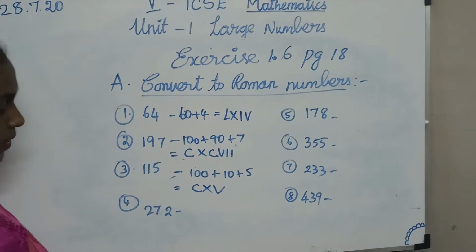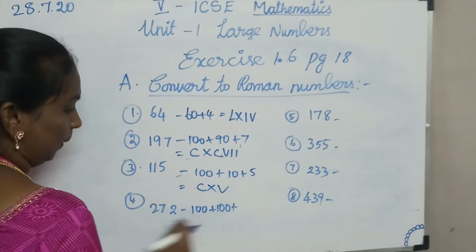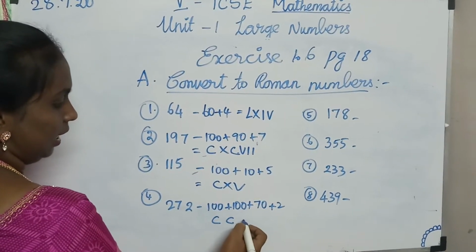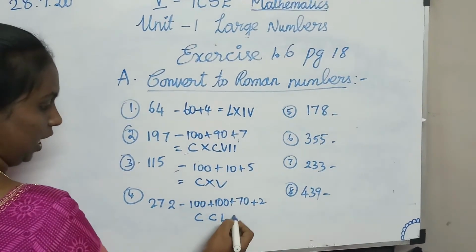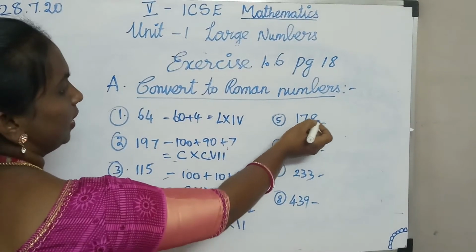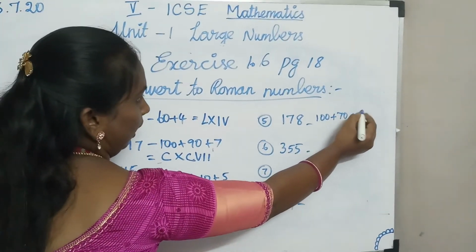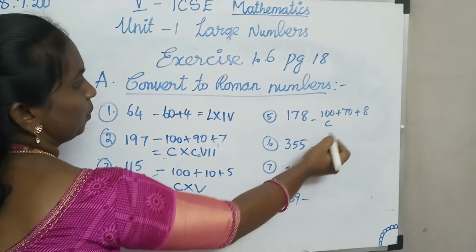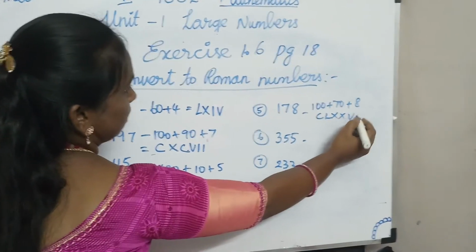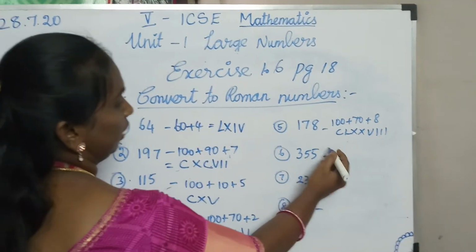Next, 272: 100 plus 100 plus 70 plus 2. 200 is CC, 70 is L, X, X. Coming to 178: 100 we know, 70 is L, X, X, and 8 is VIII.